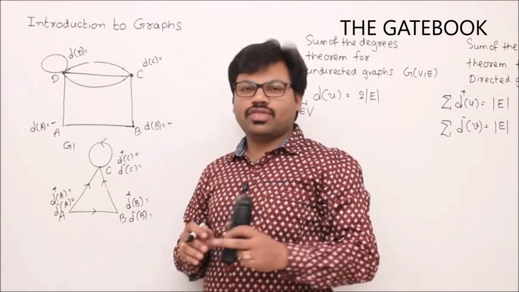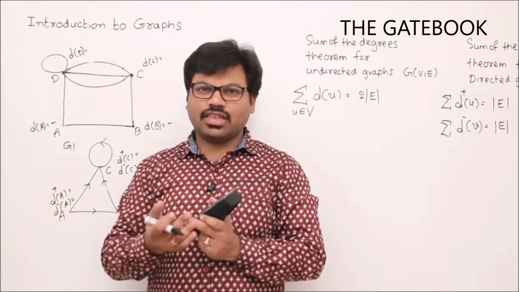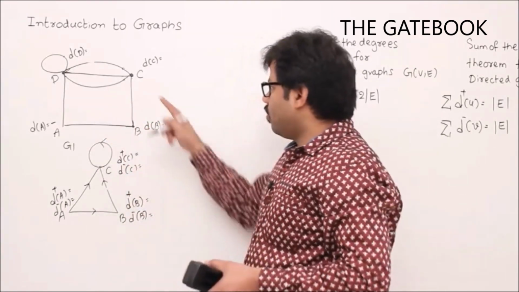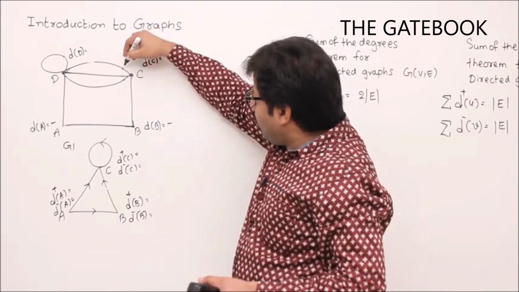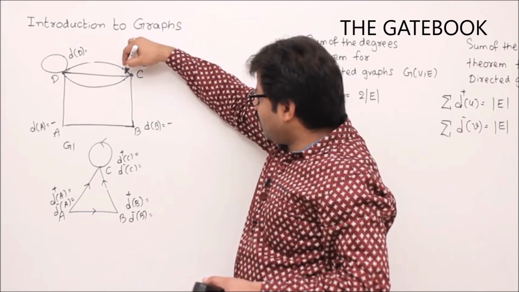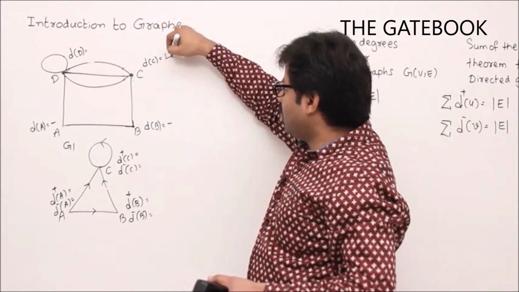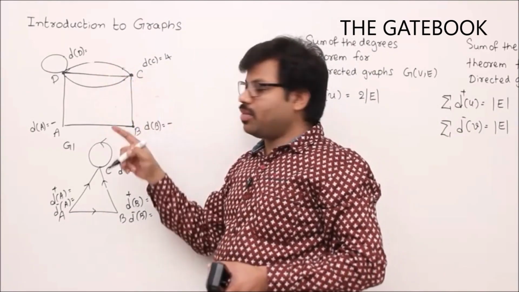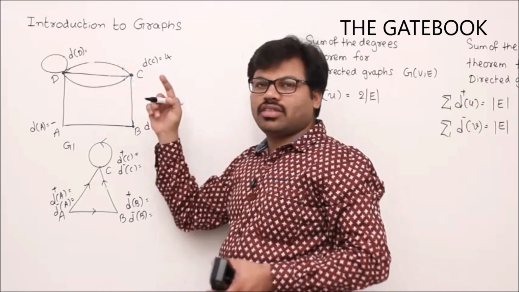Let's take some graphs and compute degrees of vertices. Okay, let's take this graph. Degree of C: number of edges incident on this vertex, 1, 2, 3, 4, right? Each parallel edge is counted once because these are all separate edges.